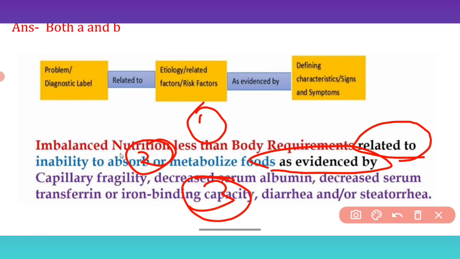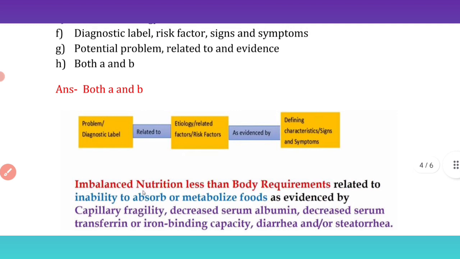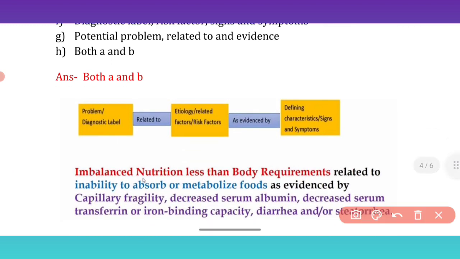So how many parts are there in one nursing diagnosis? A problem, the etiological factors, and the symptoms or characteristics of the problem. So here you can see very clearly a nursing diagnosis is based upon three components.